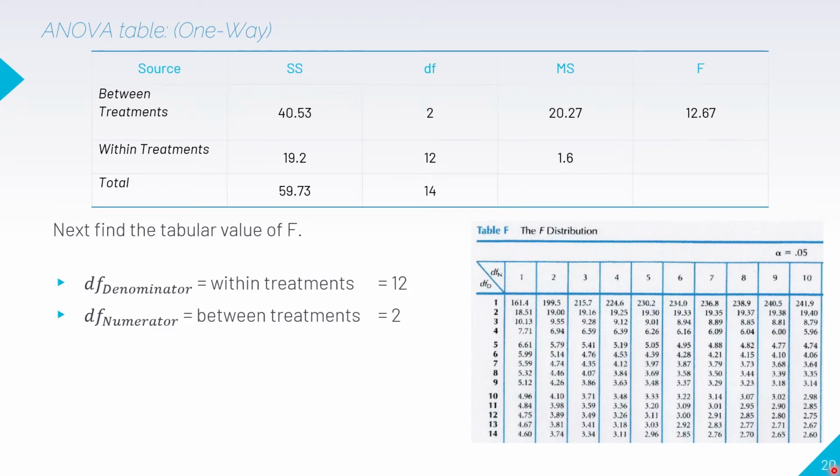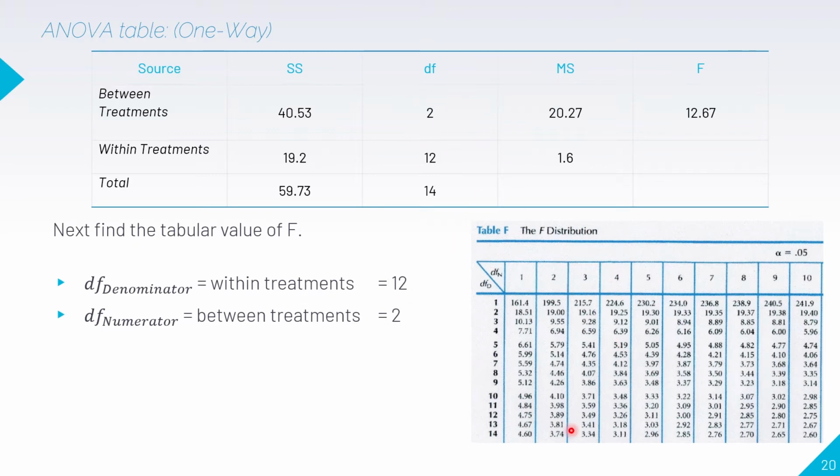After finding our F ratio, next we find the tabular value of F, in which we need the DF denominator and the DF numerator. Our DF denominator is our within treatments, so our DF now is 12. The DF numerator is between treatments, which is 2.